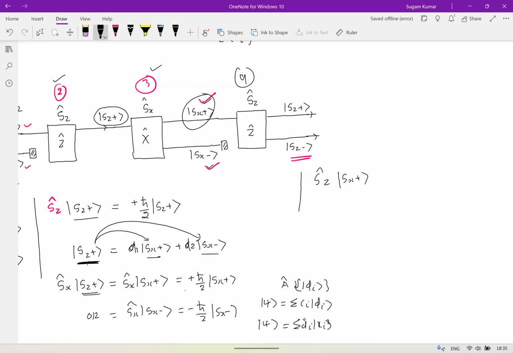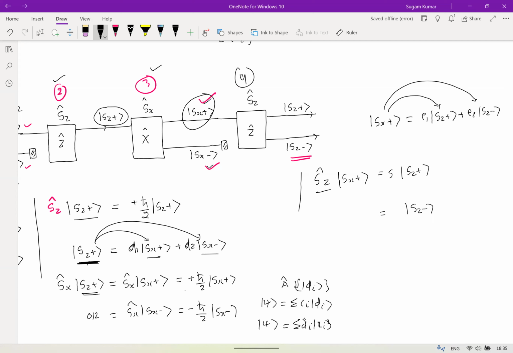So to do this, I have to write this Sx plus as a linear combination, let us say E1 of Sz plus and plus E2 of Sz negative. And now you can see when you operate Sz, it is again going to collapse in this state or in this state, so you will get either Sz plus or Sz negative.